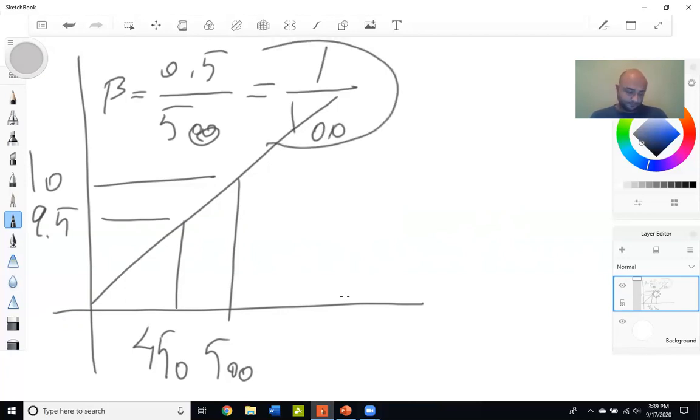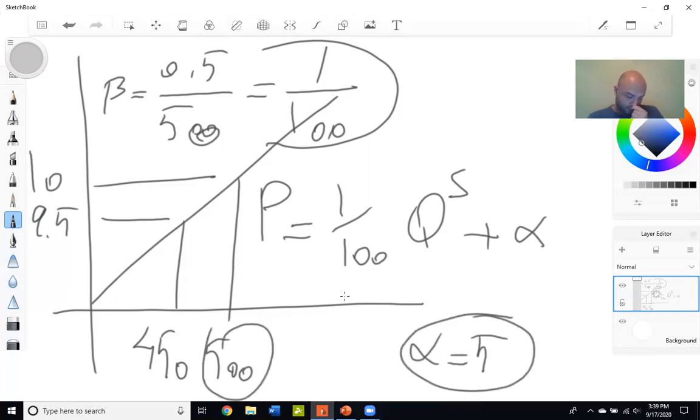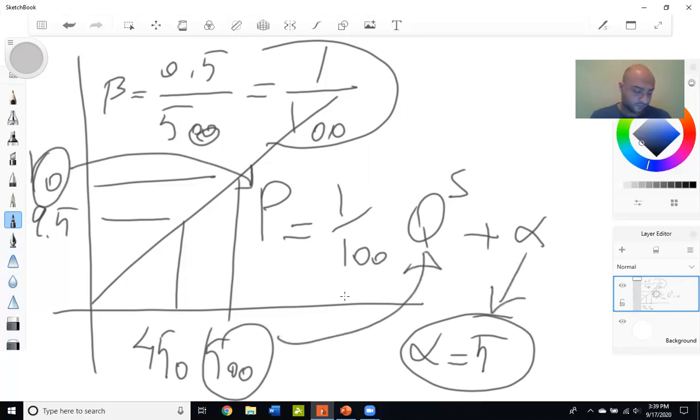Now we have the slope: P equals 1 over 100 multiplied by quantity of supply plus some alpha. We don't know it, we want to find it out. We have 10 equals 5 plus some alpha. So our alpha is equal to 5.